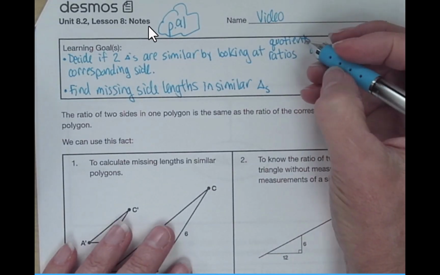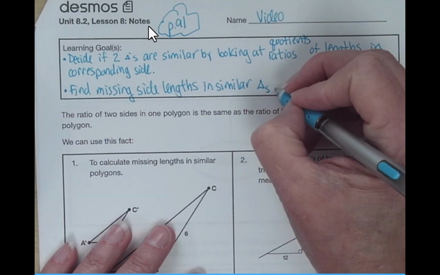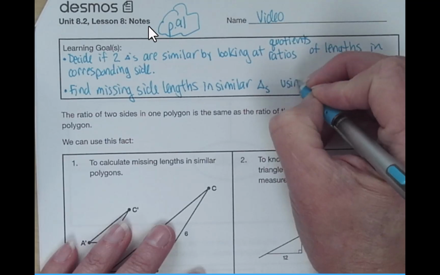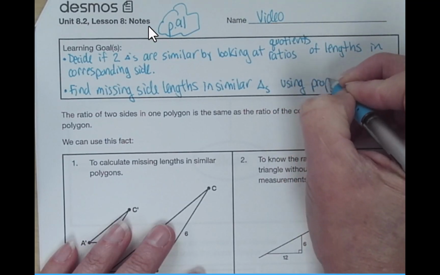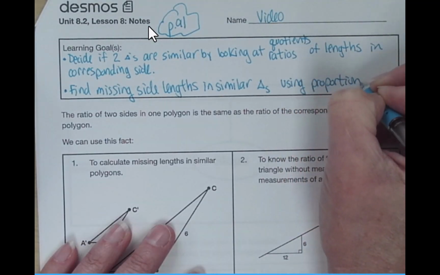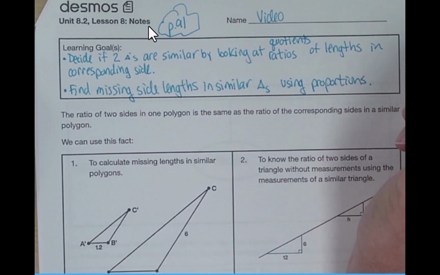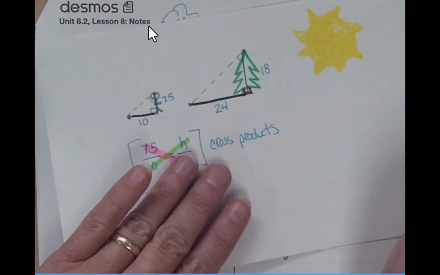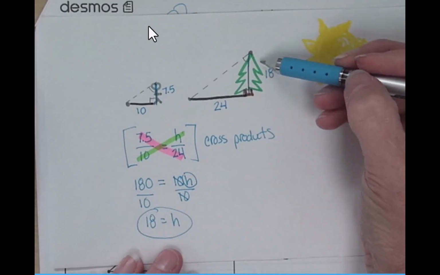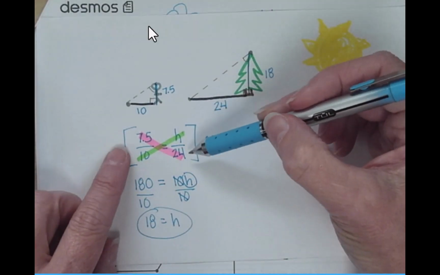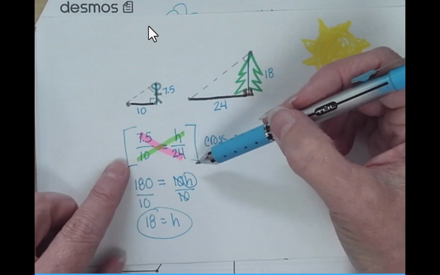Using the quotient of their side lengths or using proportions. And that's what we just did with our amazing, I think we should see the tree art again. There it is. We found that missing side by using these quotients and setting them equal to each other.